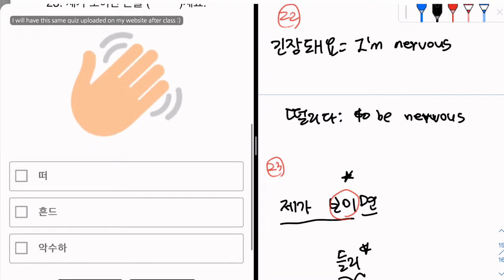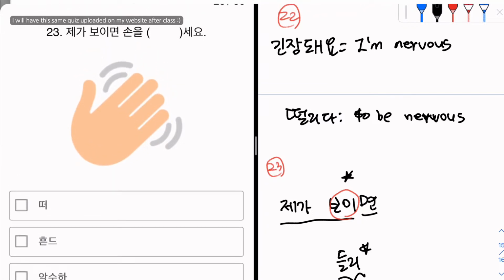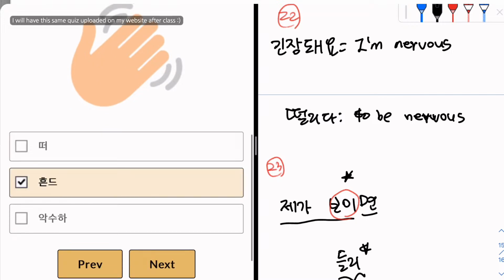So here, 제가 보이면, if you can see me, 손을, your hand, 떠세요 or 흔드세요, 악수하세요. We went over the difference between all these three words, right? I'm not sure of the exact number, but we definitely went over it.